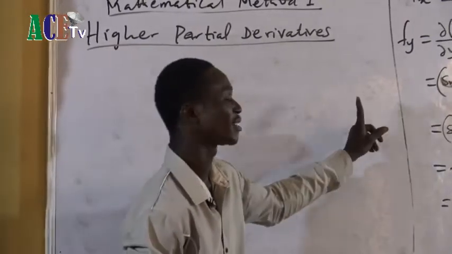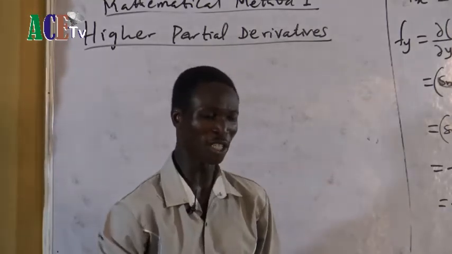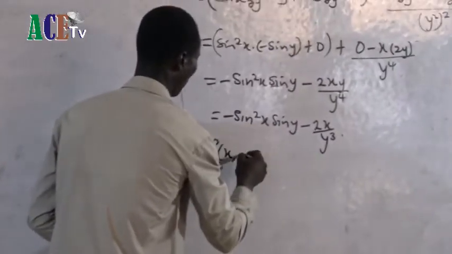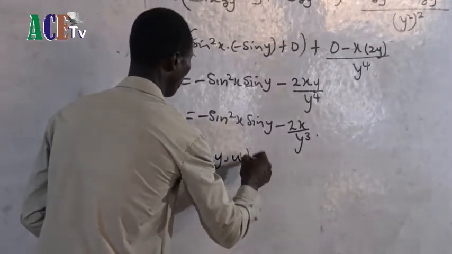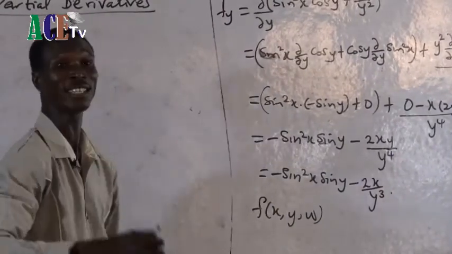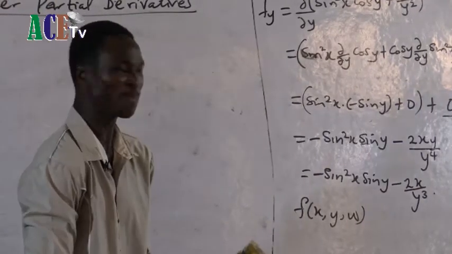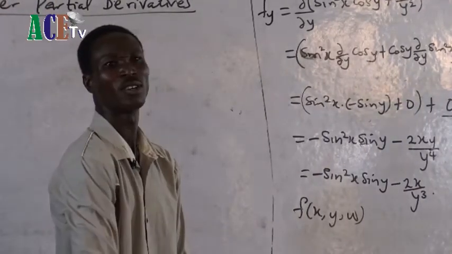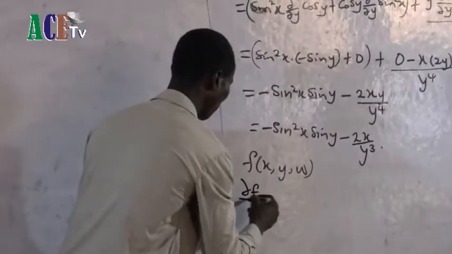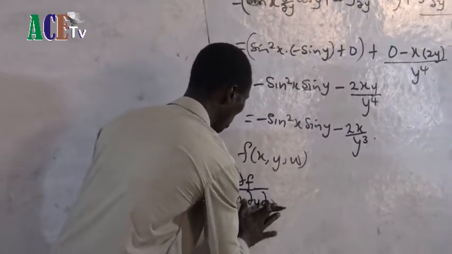But in this case, I may change my style. If I have a function of x, y, w, and I want to find the higher derivative, I can differentiate this function 3 times, and it may not be with respect to the same variable.